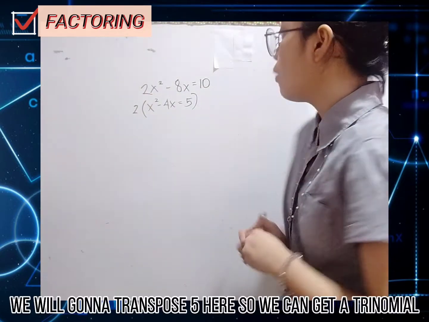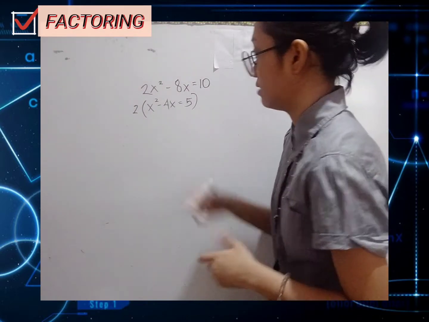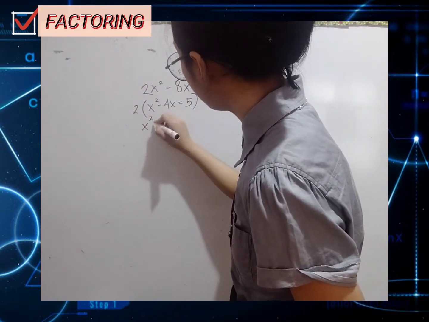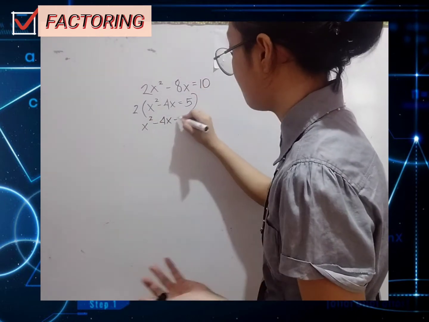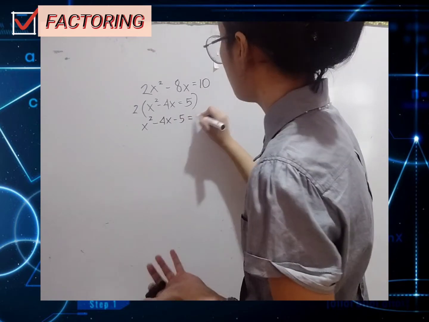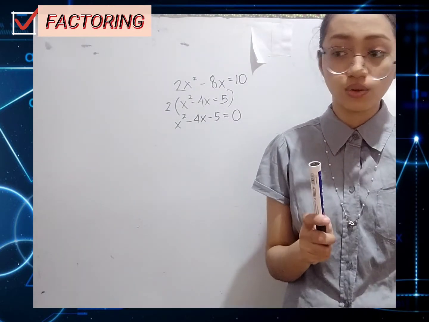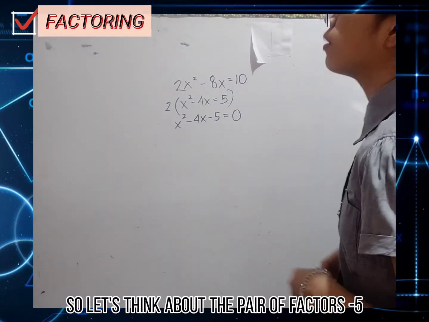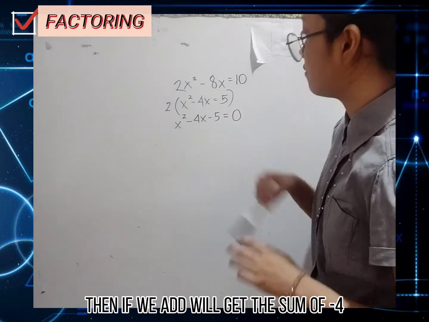Now, we transpose 5 so we can get a trinomial. Here we see x squared minus 4x, positive 5 will be negative 5 since we transpose it, equals 0. So now, let's find its factors. Let's think about the pair of factors of negative 5 that, if we add, we'll get the sum of negative 4.